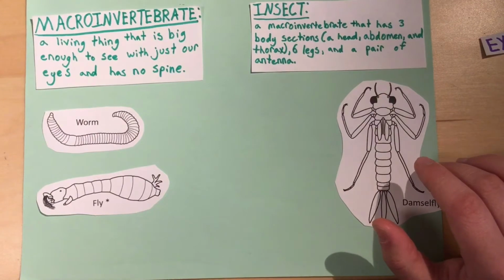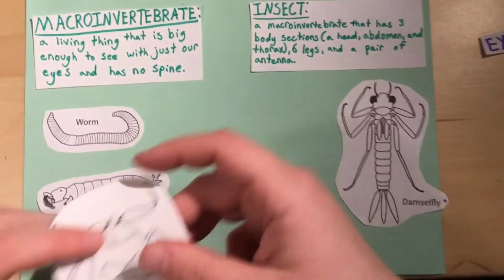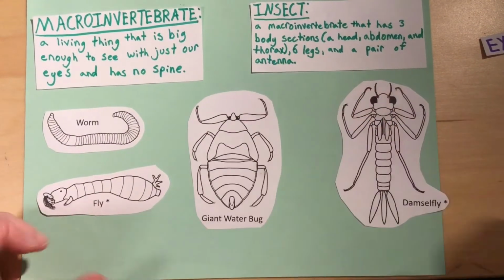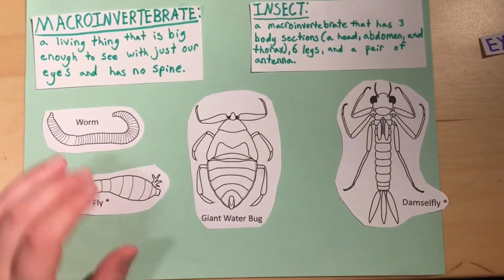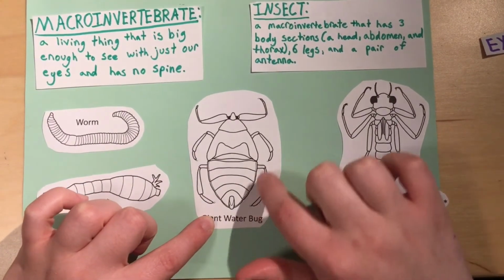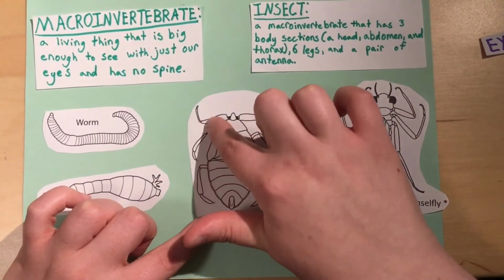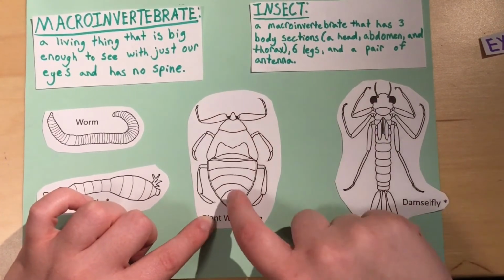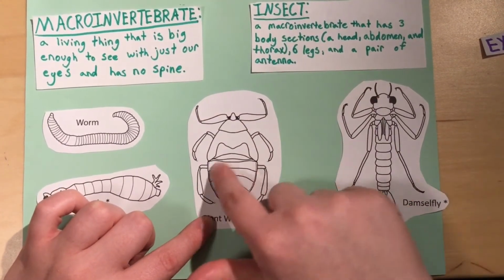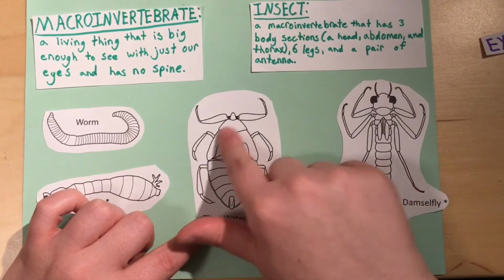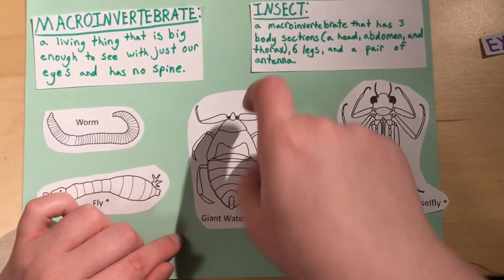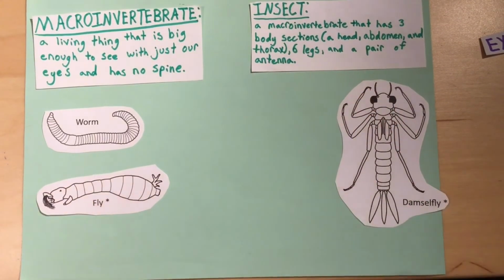Another thing I want us to look at is a giant water bug. So it has 1, 2, 3, 4, 5, 6 legs. It has a thorax. It has an abdomen, has a teeny tiny head. Again, I broke this down for us to look at.